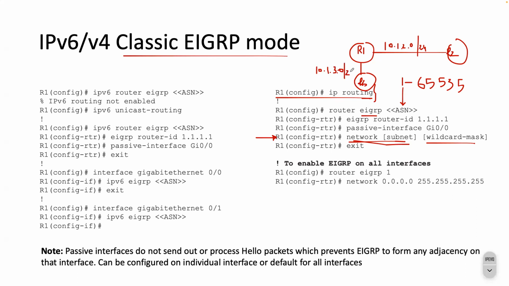In your network statement, you gave 10.1.2.0 and your wildcard mask. That's it. So what does that mean? An interface which is part of this subnet 10.1.2.0, on that interface only, I will run the EIGRP protocol. Wildcard mask will be 0.0.0.255.